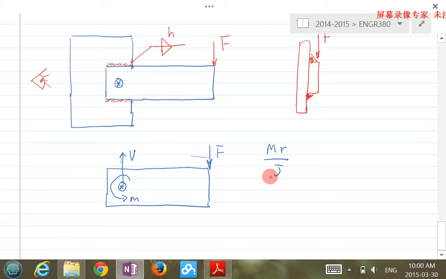So there are two types of stress in the weld group here: one due to F, the other due to M. The location of particular interest is this location.